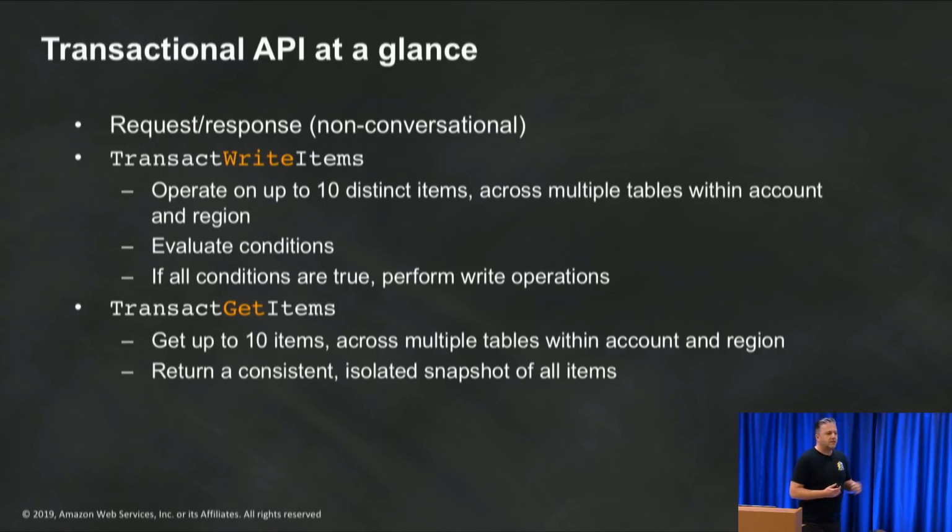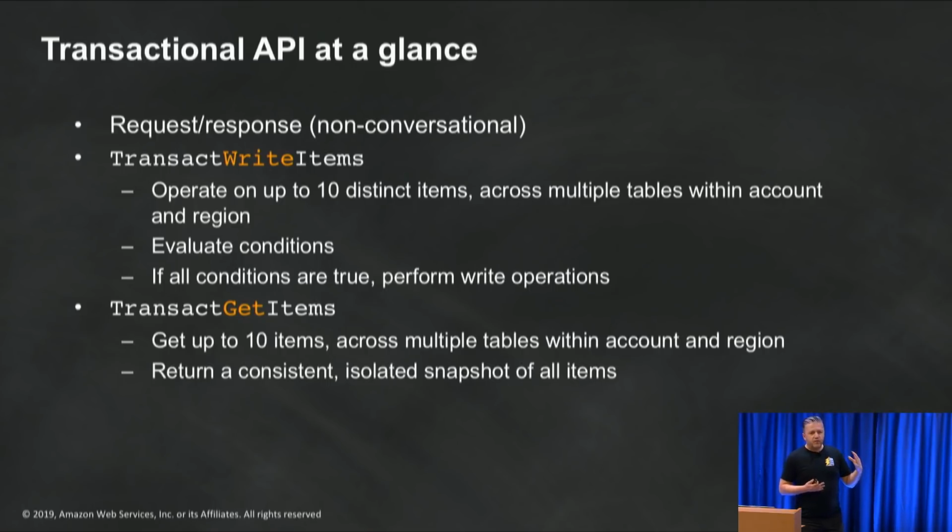So what that means is you can create conditional checks on items that you need to check, but you're not going to transactionally update. And then you can also have checks on the same old PutItem, UpdateItem operations as part of that transaction.